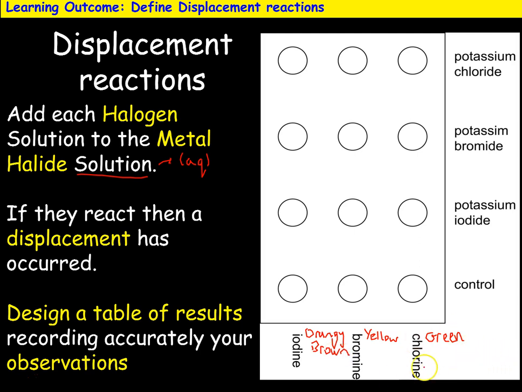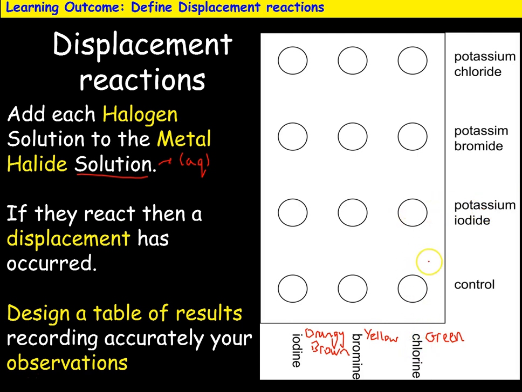The element, yes, chlorine is a green gas, but in solution it's also very pale green. Bromine is normally an orangey brown liquid, but in solution it forms a yellow solution. Iodine is normally a grey solid, but in solution forms an orangey brown solution. That's what we'd see. So if I react these with these compounds, we'll see what would happen. So the controls would all be these colours as a reference.